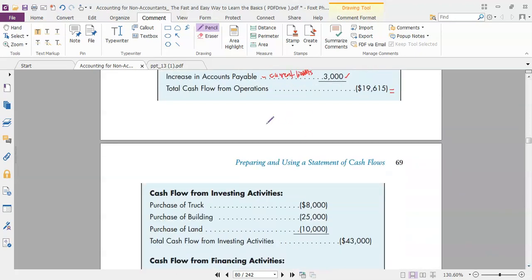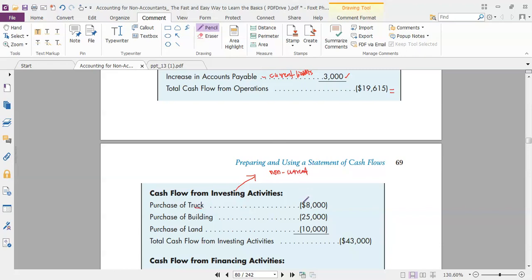And then proceed and continue with the cash flow from investing activities. You must remember the investing activities include the cash that you use to purchase your non-current assets. For example, purchase of truck.